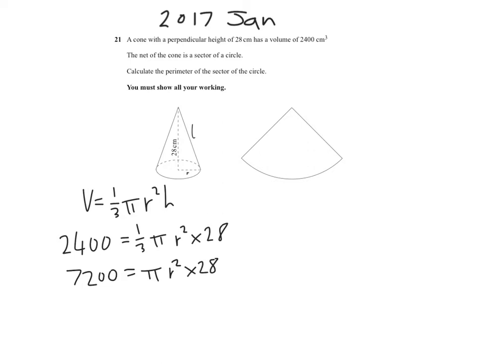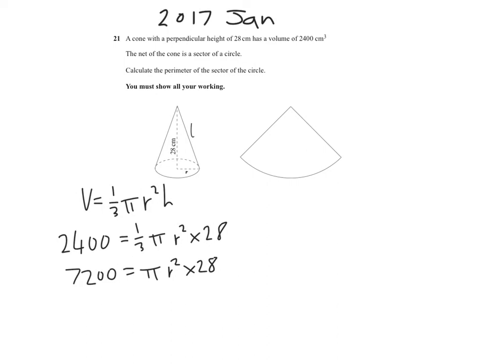We need to isolate the radius squared. R squared is multiplied by 28 and by pi, so you need to divide by the 28 and the pi to get r squared on its own. R squared equals 7,200 divided by 28 pi.